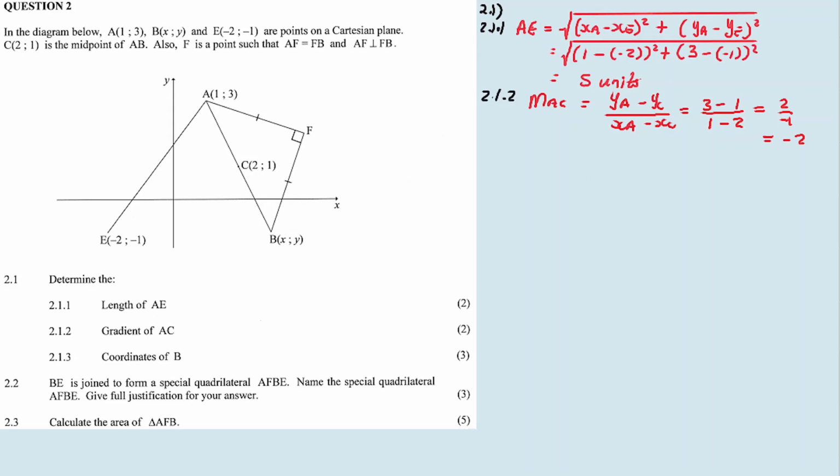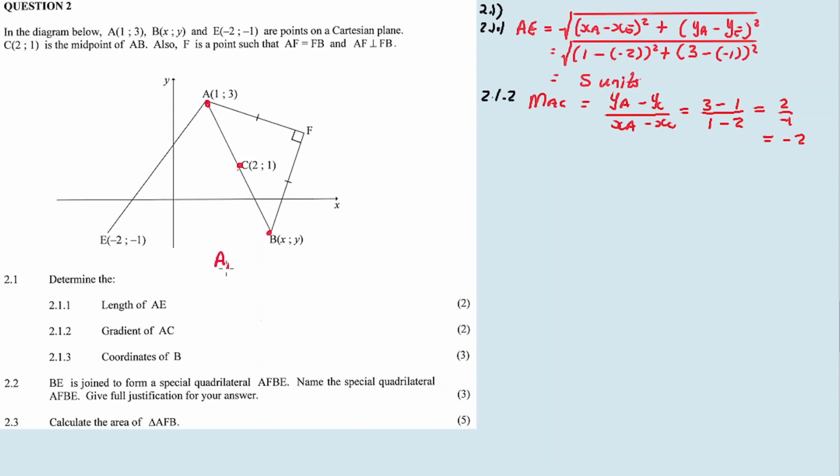Let me add something quickly here. Let me explain a concept, a really cool concept. A, C, B, they lie on the same straight line.